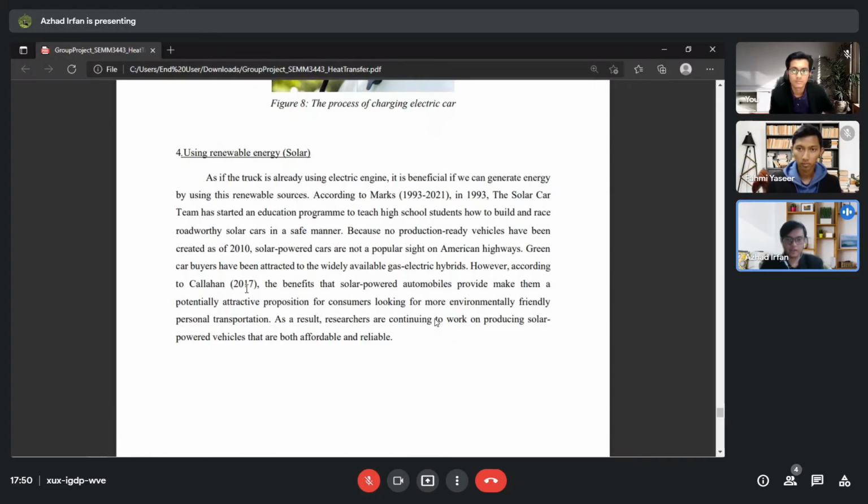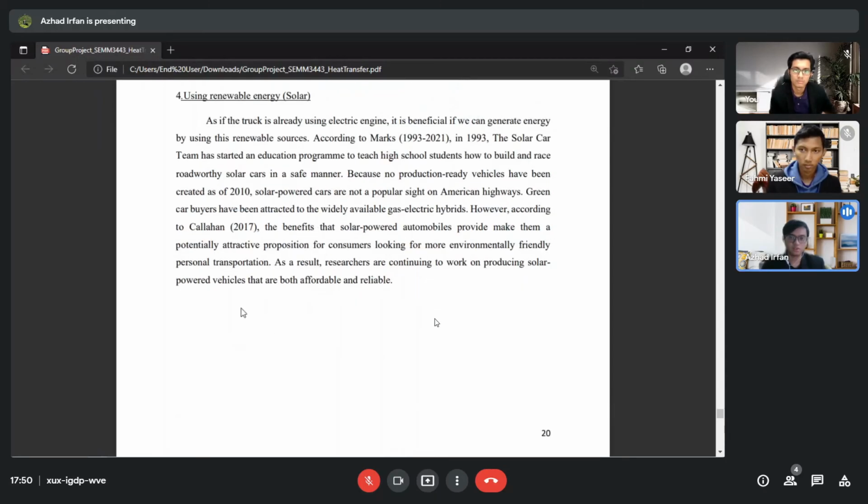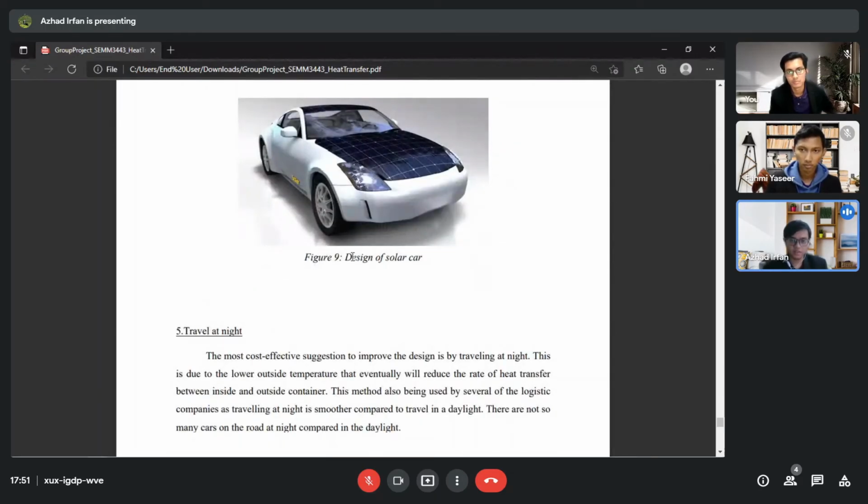According to Callahan 2017, the benefits that solar-powered automobiles provide make them a potentially attractive proposition for consumers looking for more environmentally friendly personal transportation. As a result, researchers are continuing to work on producing solar-powered vehicles that are both affordable and reliable. We can see here Figure 9. This is the design of the solar car.